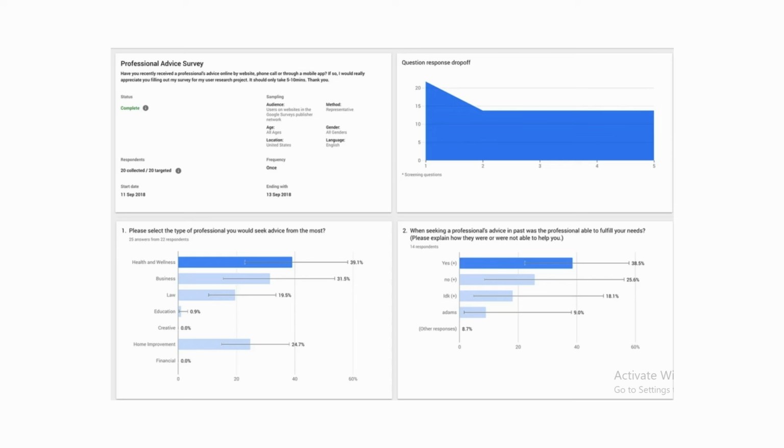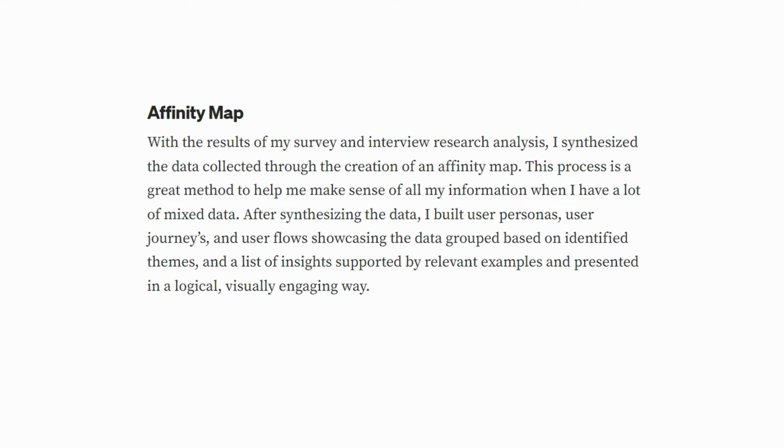Then there were some other options, and no responses from a few. So those were the initial surveys which this person conducted, right? Then he looked at affinity maps. With the results of the survey and interview research analysis, he synthesized the data collected through the creation of an affinity map. This is one of the common techniques used in design thinking.